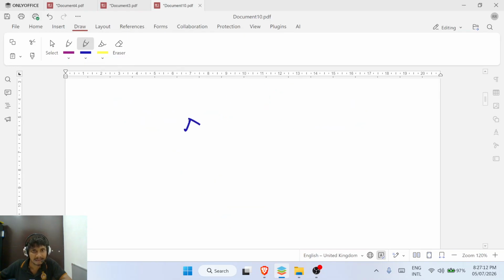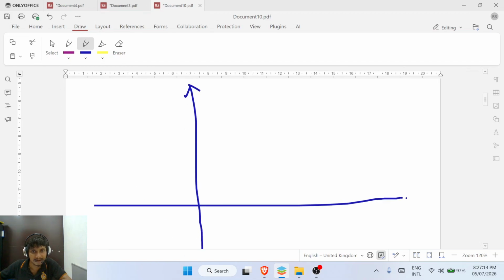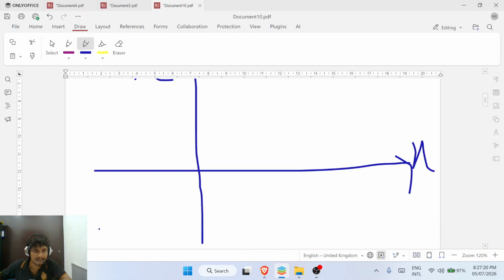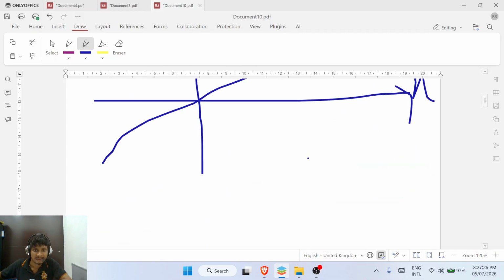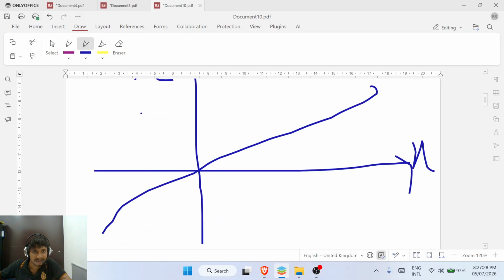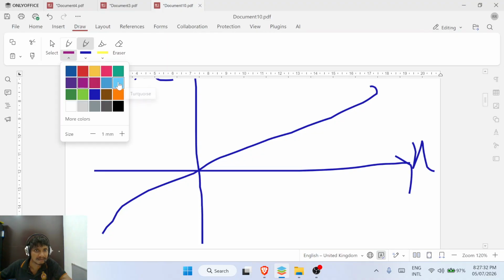Here we discuss another graph. This is x, this is f of x. The graph is like this. Please watch very carefully.